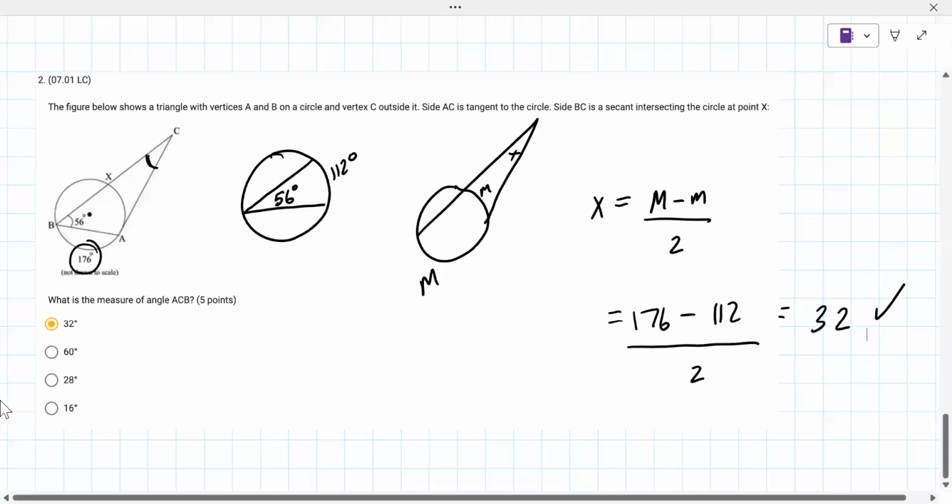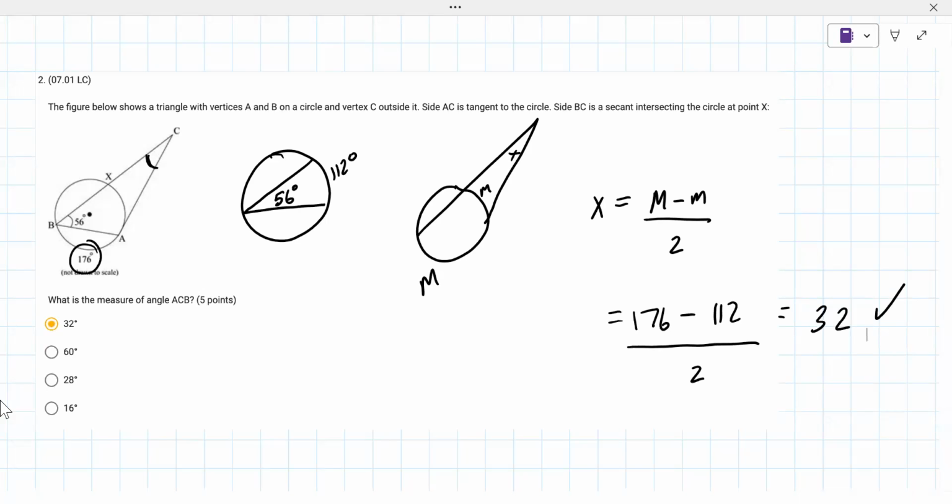Then you find the length of the arc intersecting it by just doubling the 56. I think I got how to do that now.